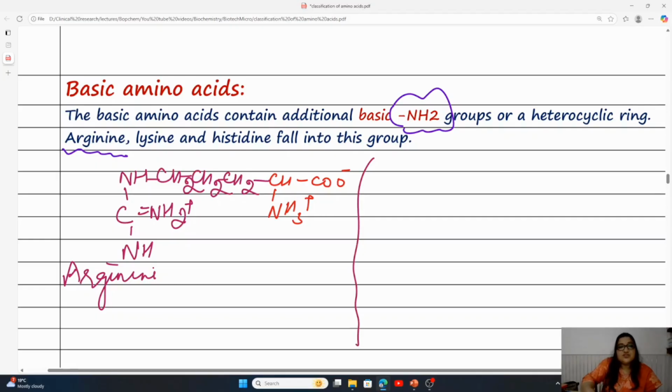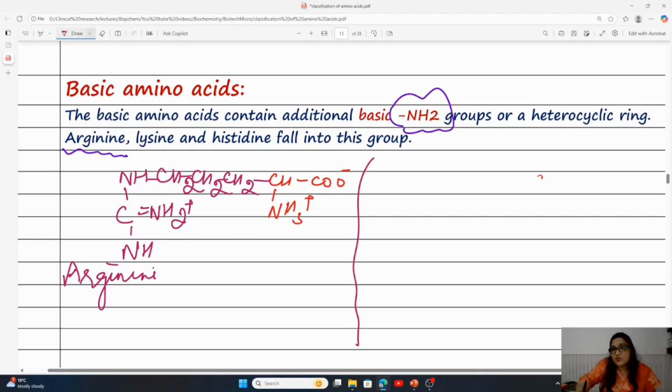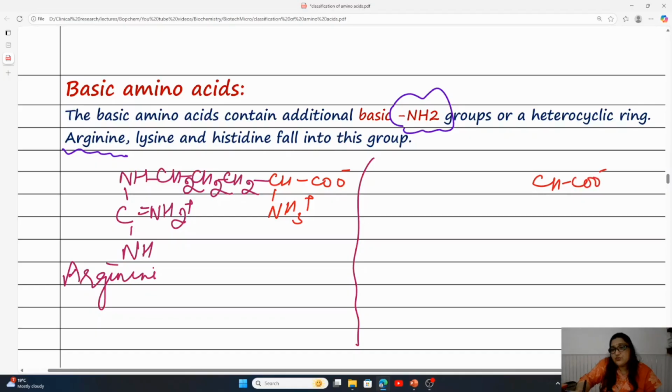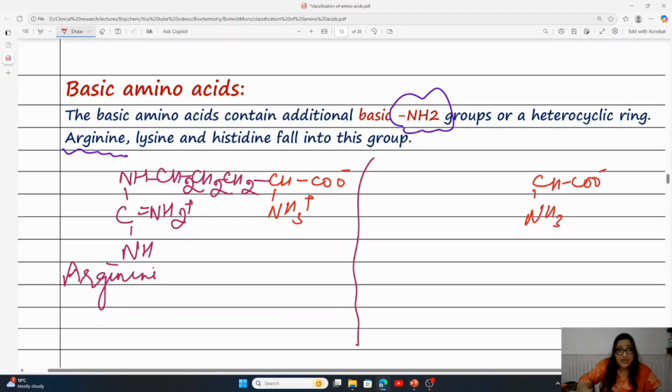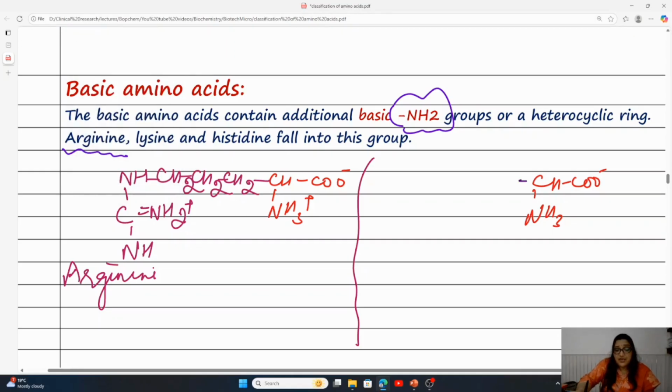If you see the structure of lysine, the carboxylic group and the amino group will go the same. There is not at all any difference, because we clearly know that all the amino acids differ from each other in their R groups only.